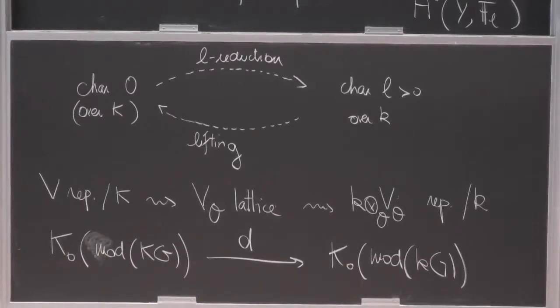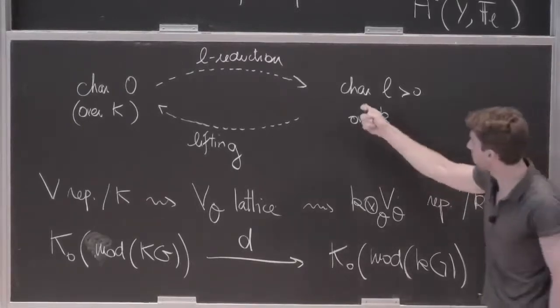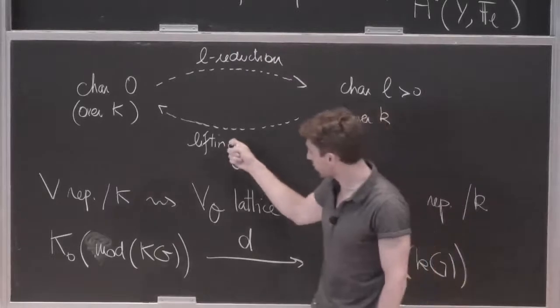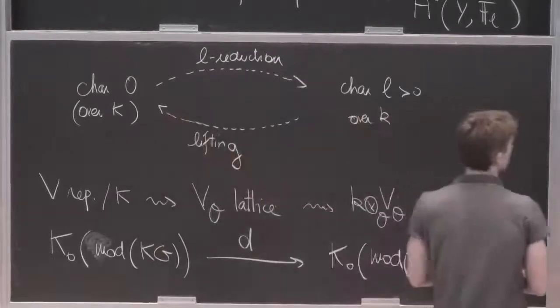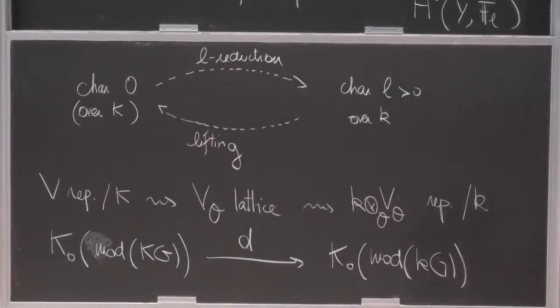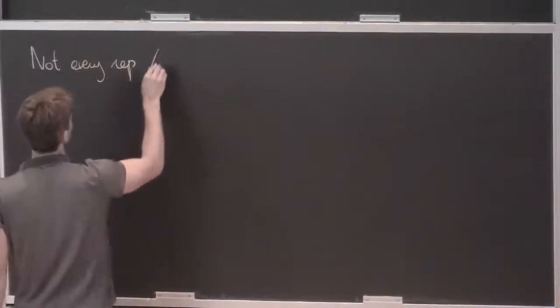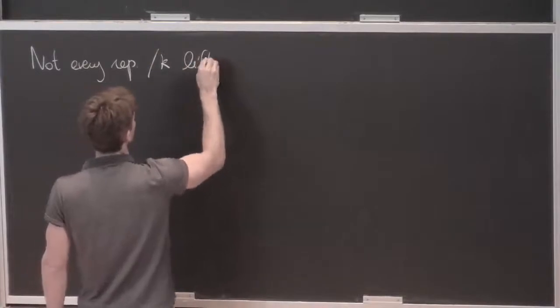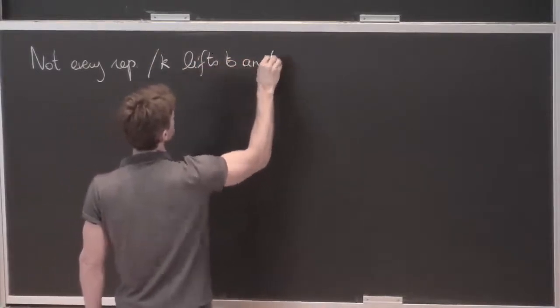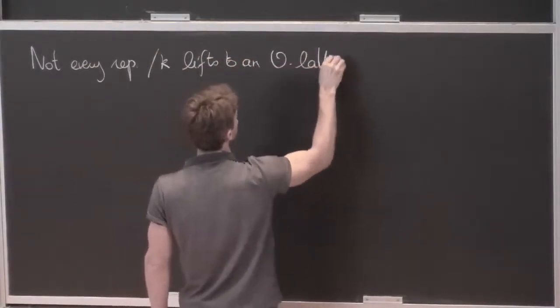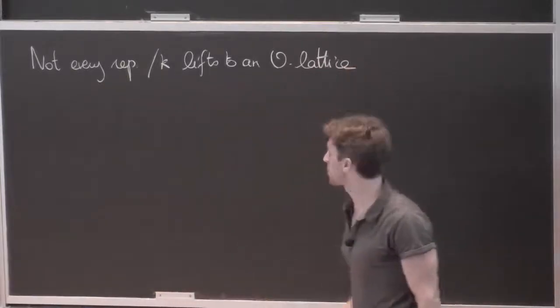But there is another way to do it, which is dual to that reduction. If you start with a representation here, you can try to lift it over O and then extend the scalars, okay? But not every representation over k lifts to an O-lattice. But there is a class of representations that do.